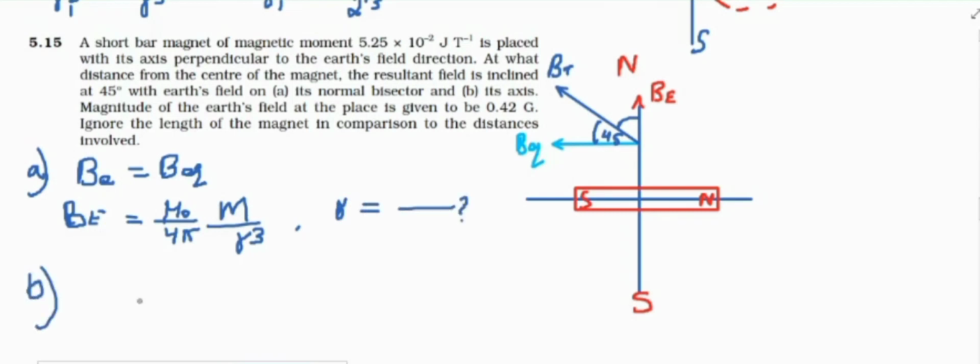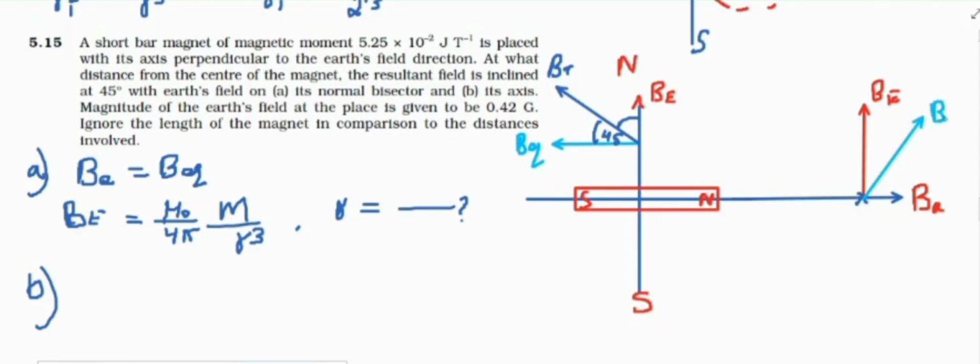Now take case B. In case B, the point is on the axis of the magnet. So this is the axial line. At the axial line, we have to take a point. Again, BE is acting from south to north. Now B axial is directed outward, and the resultant magnetic field makes an angle of 45 degrees.